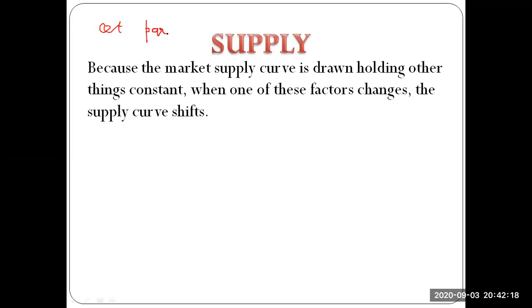This ceteris paribus condition essentially means that other things remain constant. When one of the factors changes, the entire supply curve shifts location. It can move to the left or it can shift to the right. Essentially, there's a shift of the supply curve.